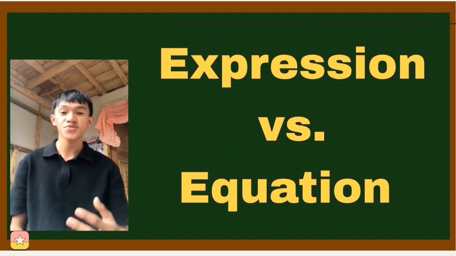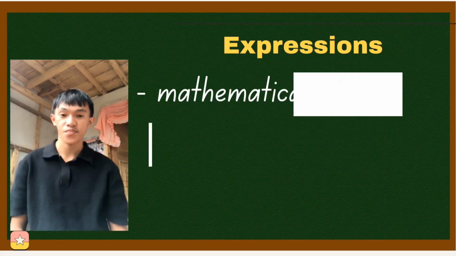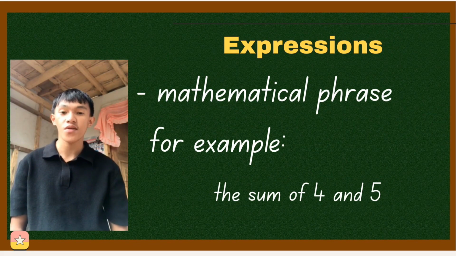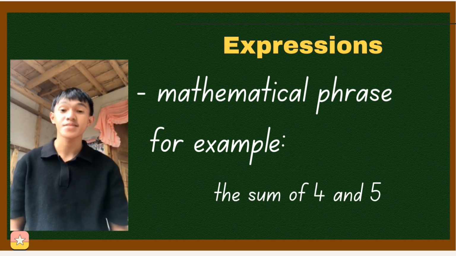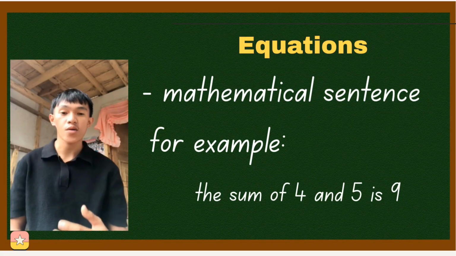Now, let us proceed and look at this. We will discuss the difference between expressions and equations. An expression is a mathematical phrase. Just for example, the sum of 4 and 5. As we can see, this is not a complete sentence, while the equation is a mathematical sentence.